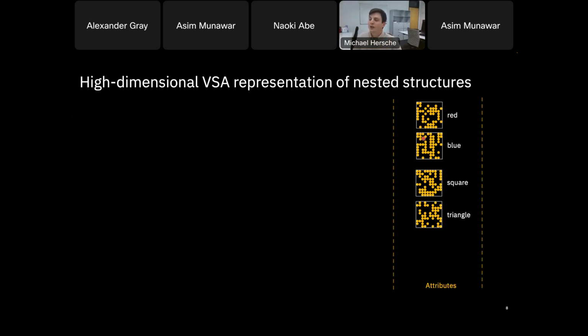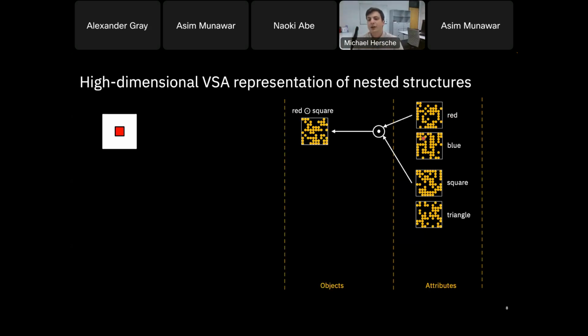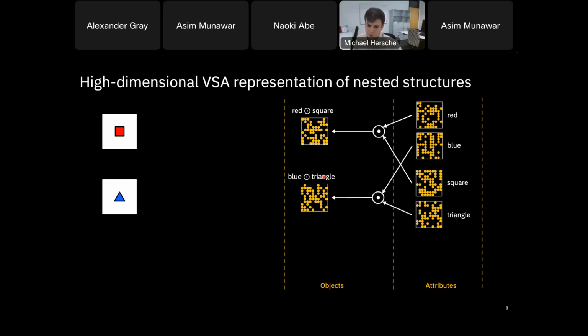For defining higher-level concepts, for example a red square, we can use our distributed vector operations, in this case binding. The red square is simply defined by taking the code word of red and the code word of square and binding them together. The binding operation is simply the element-wise multiplication, also known as the Hadamard product. The same can be done for the blue triangle.